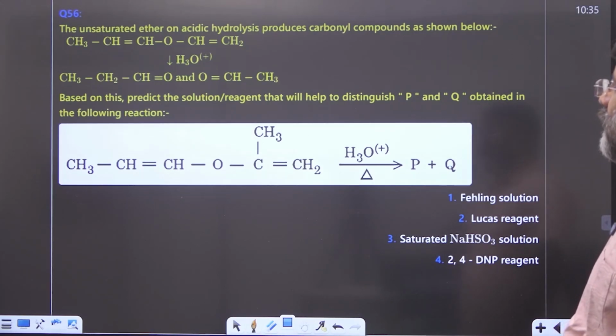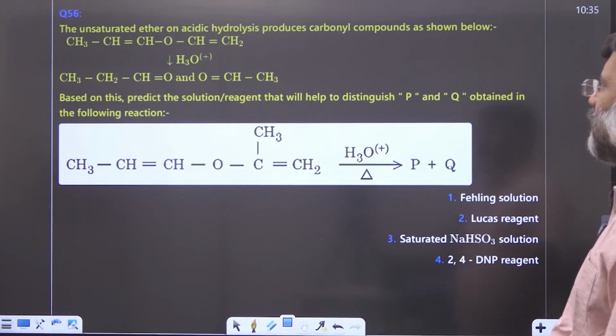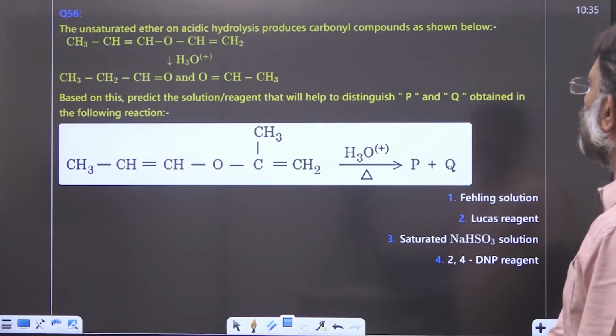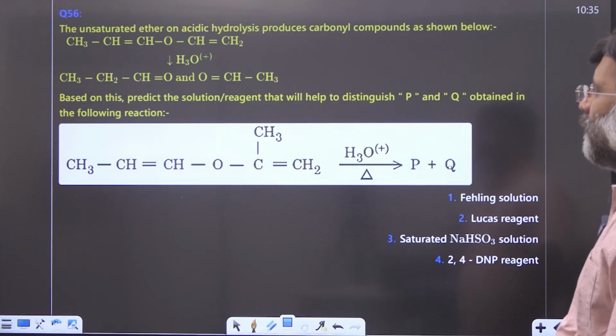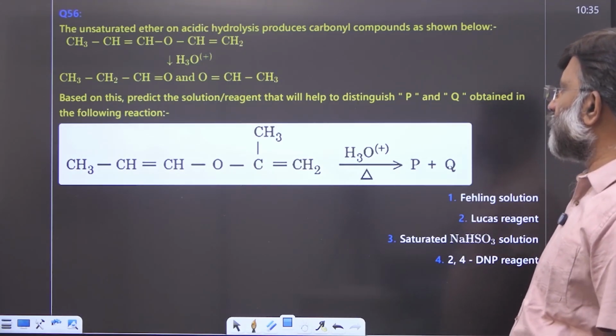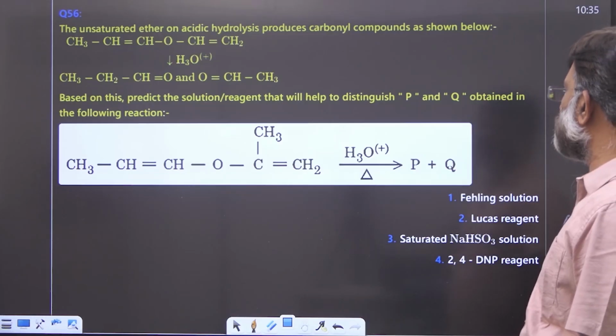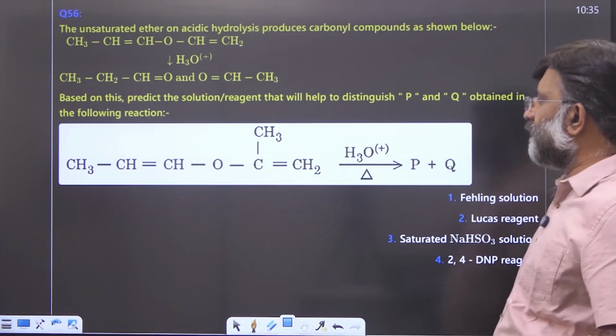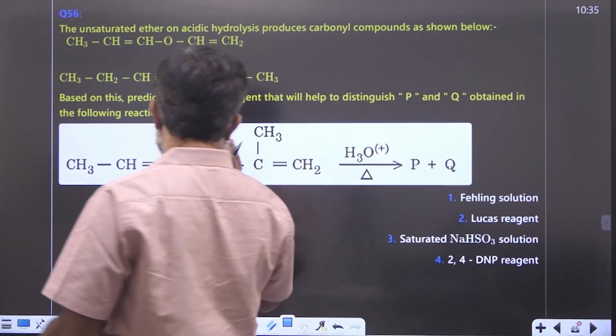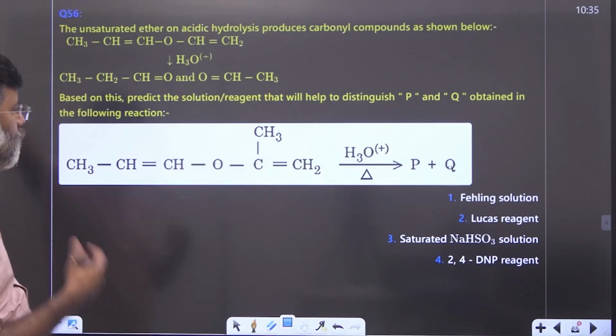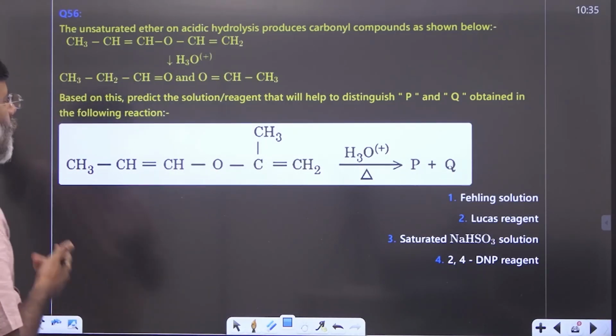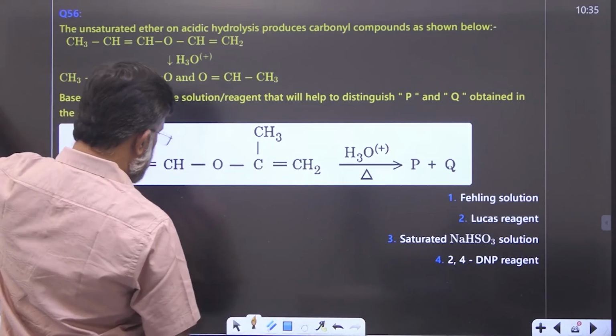The unsaturated ether on acidic hydrolysis produces a carbonyl compound as shown below. Based on this, predict the reagent that will help to distinguish P and Q obtained in the following reaction. So here, what will be the reaction? That is hydrolysis.